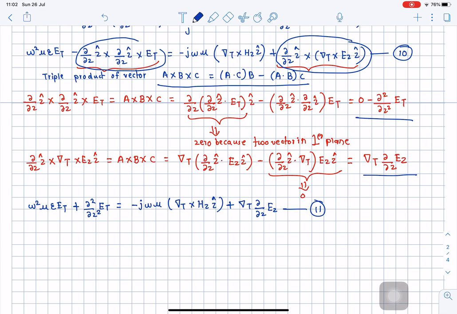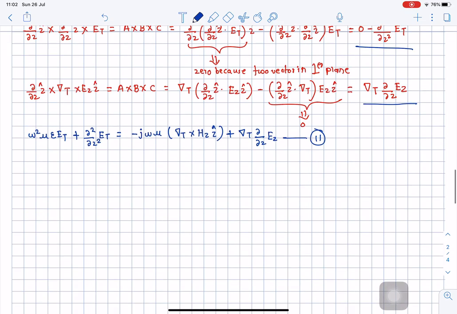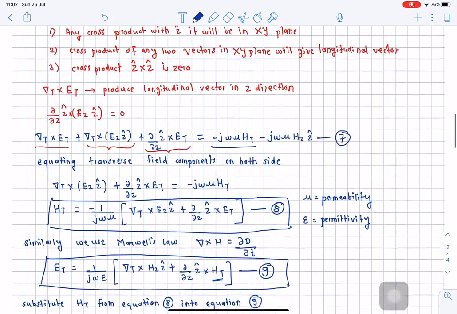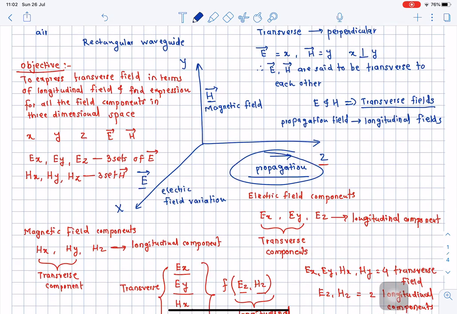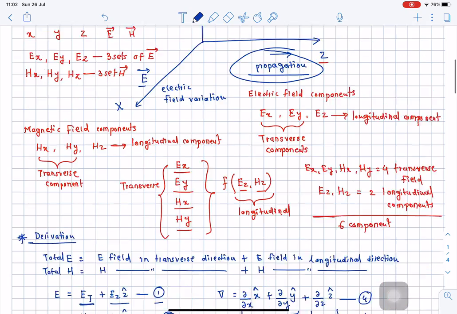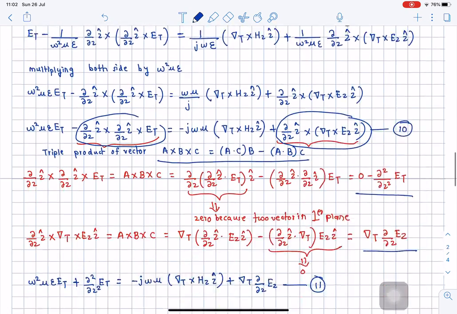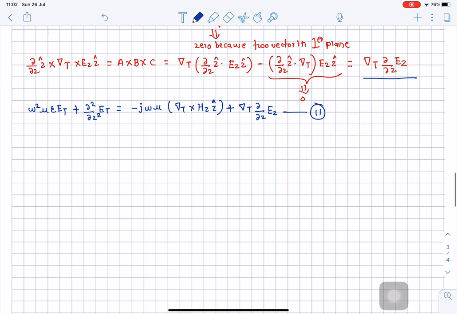Here we know that the total wave is propagating along the z direction. When we take the space derivative along the z direction, which is indicated by dabba by dabba z, we call this derivative minus gamma, the propagation constant.